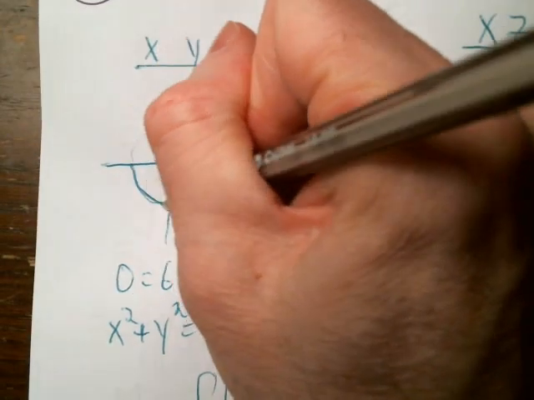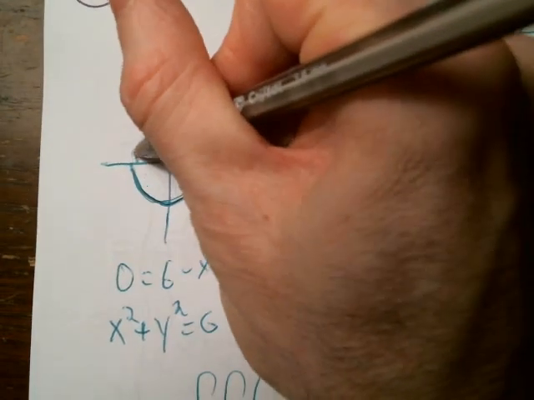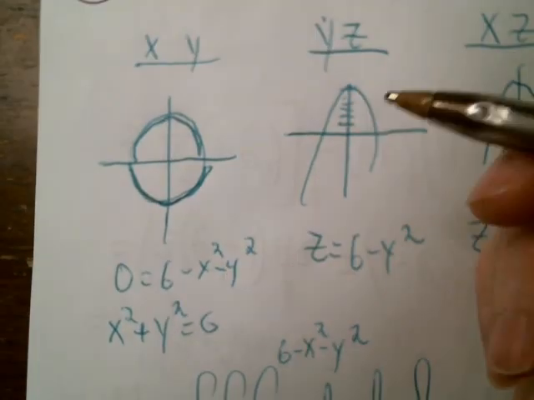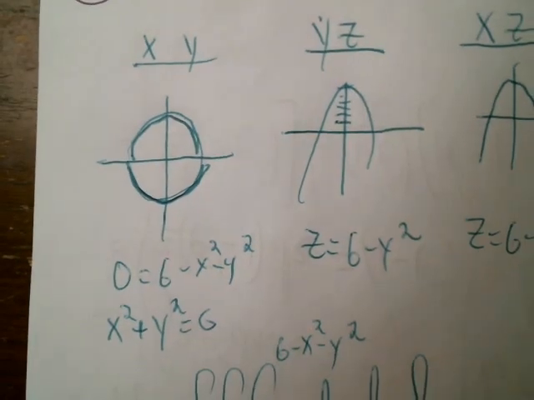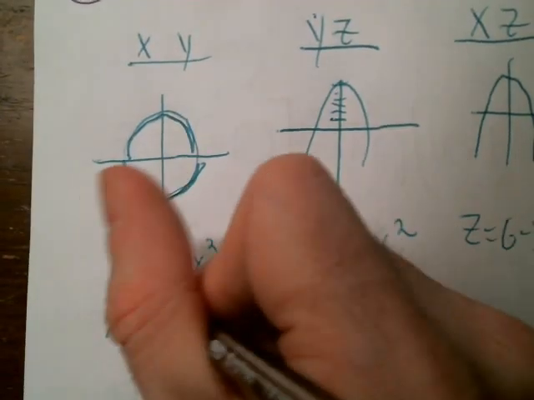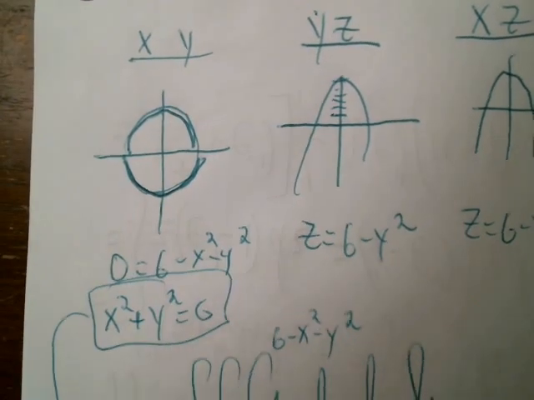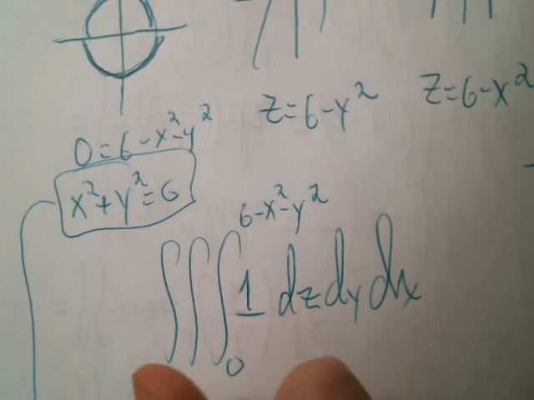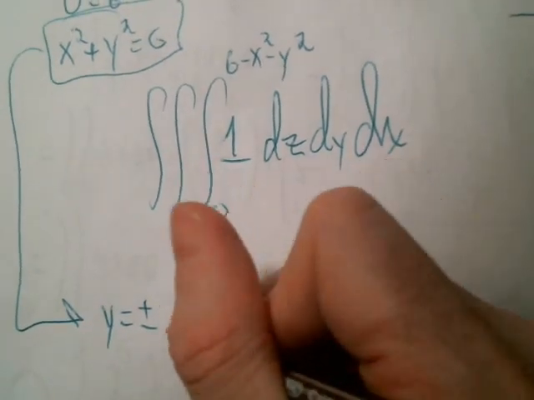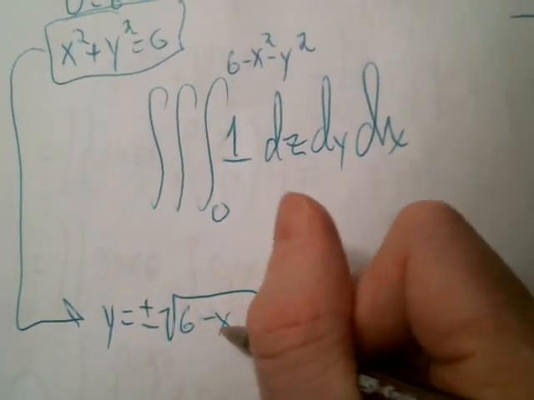So I go from y equals this curve to y equals this curve, right? So I'm going to need some square roots. So if I solve this thing for y, it'll end up being y equals plus or minus square root of 6 minus x squared, right?